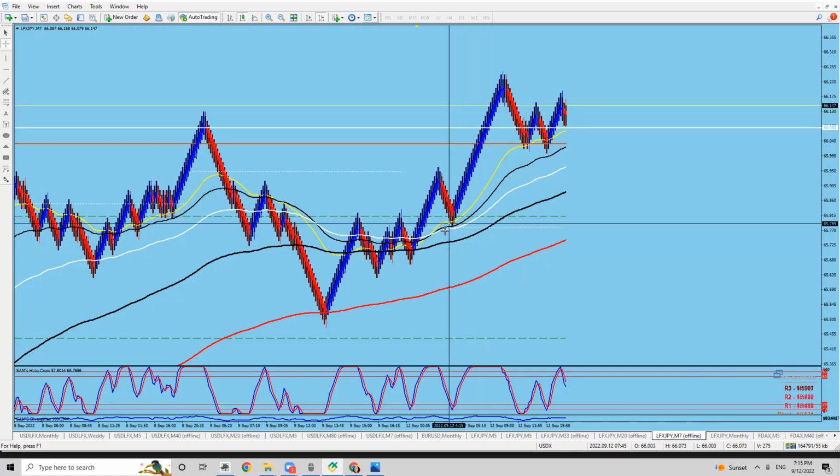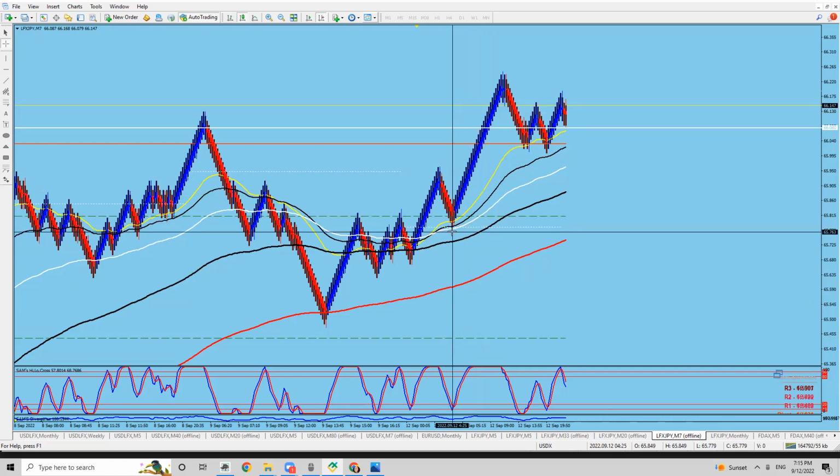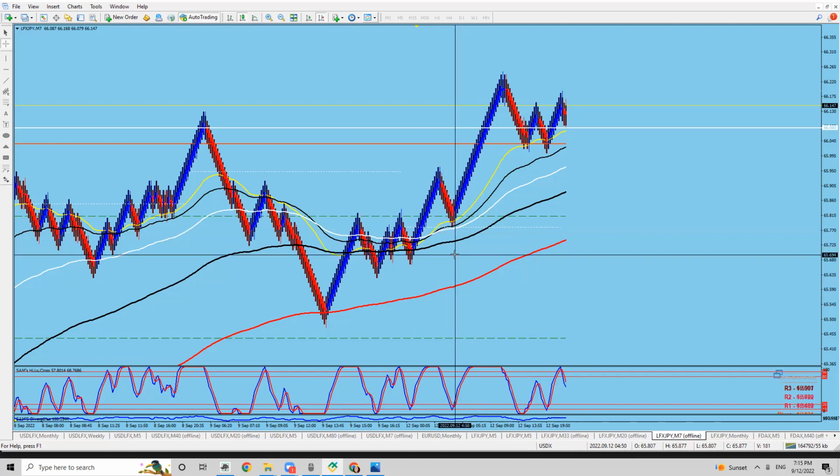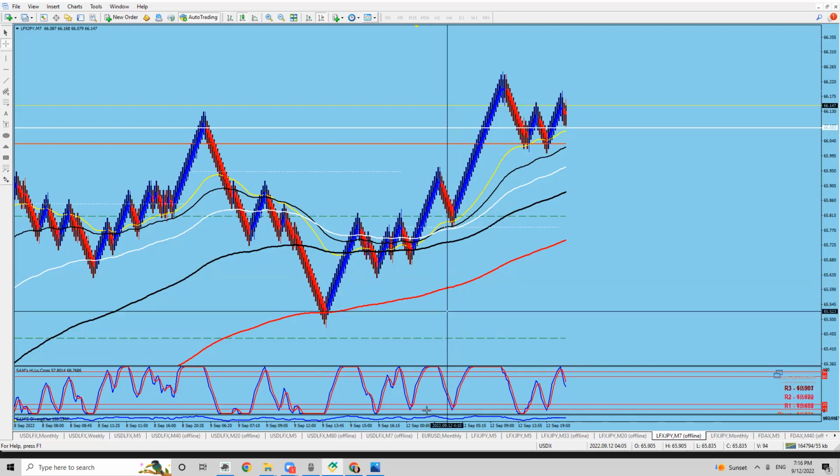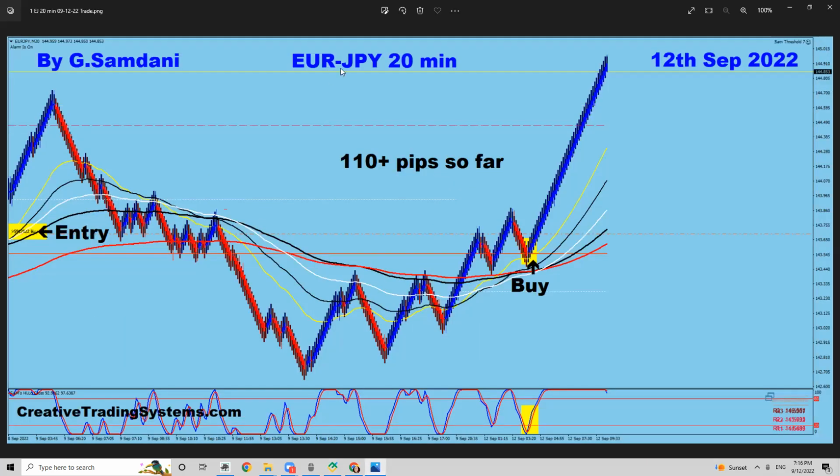So right after that, what happened? You started watching those yen pairs, and as soon as you get the entries, you start taking those entries. So that's exactly what I did, and I ended up with these trades. First, you can see is here. This is September 12th, right? September 12th here, and 110 pip Euro yen.